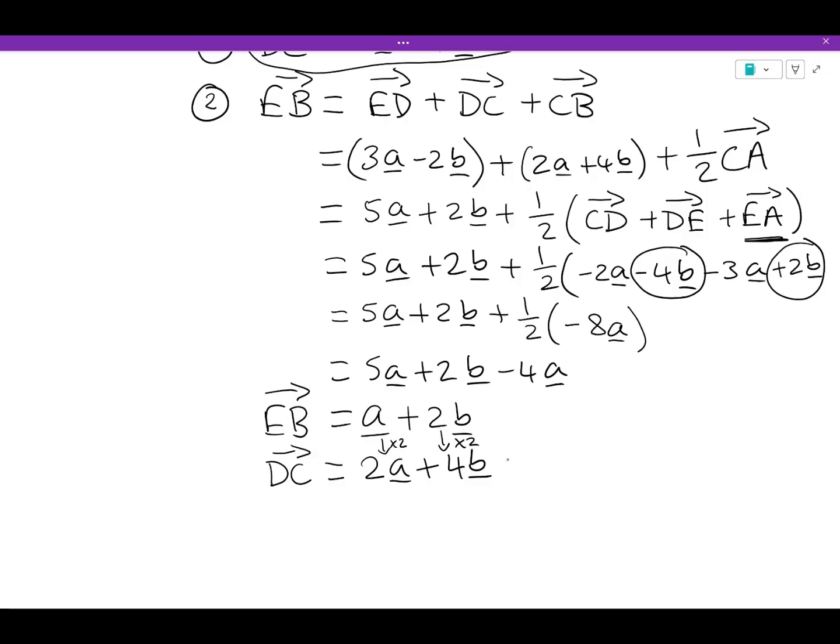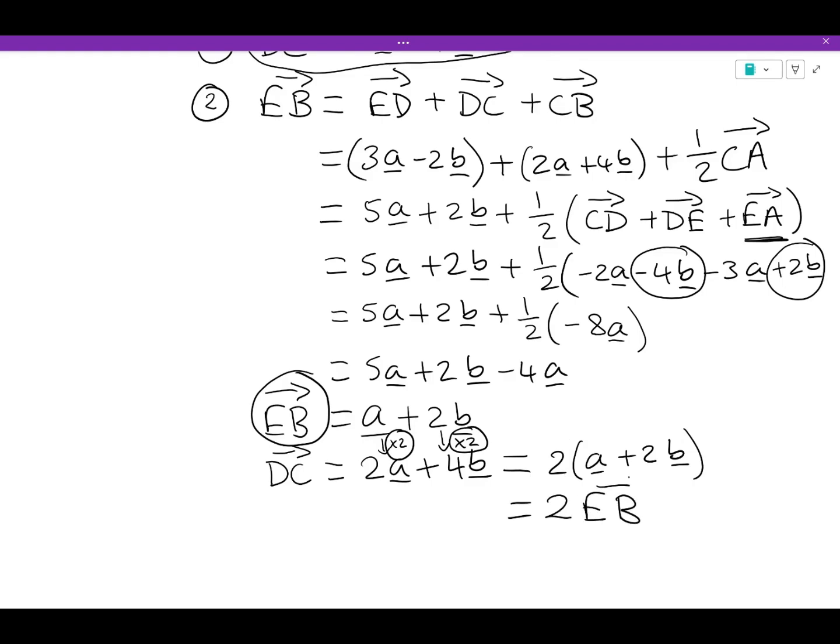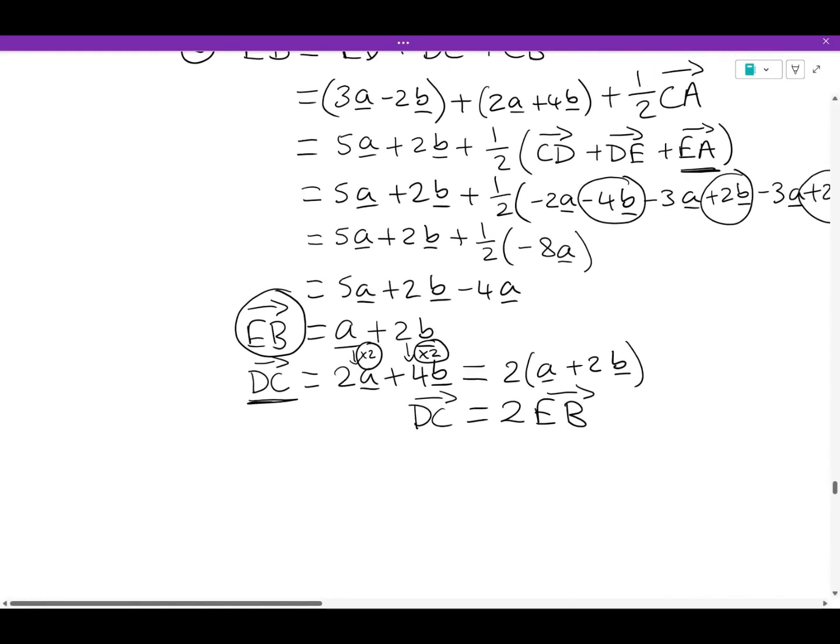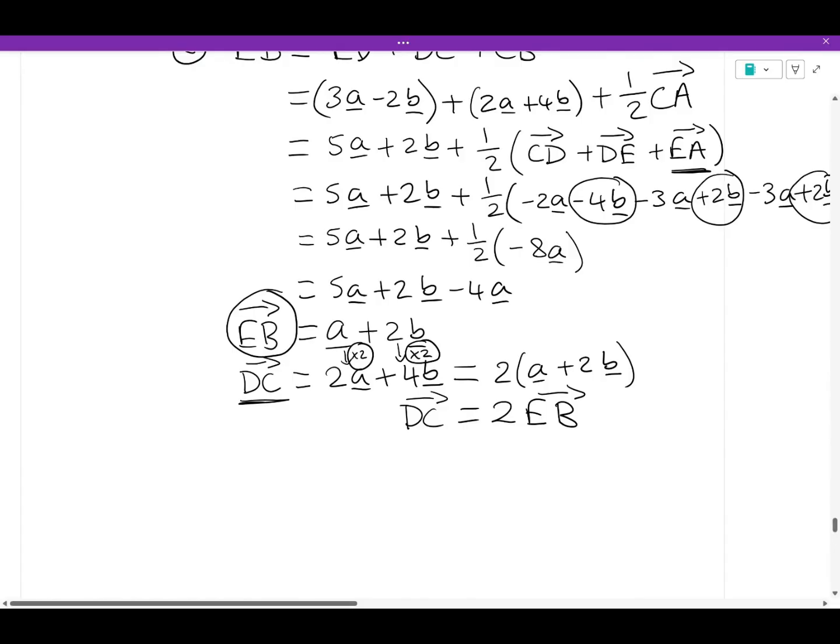So what I'm going to do is I'm going to factorize the D to C. And in my bracket is going to be a plus 2b, because that's the vector I'm trying to show it's a scalar multiple of. So my bracket's going to be a plus 2b. Then we just need to figure out what goes in front. Well, that's going to be the number we're multiplying by here, so the times 2. So I'm going to put 2 in front like that, and then close my bracket. And then this vector here is just equal to E to B, so I'm going to replace it with E to B. So we get 2 lots of E to B. So what I've established is that D to C is equal to 2 lots of E to B. So we've shown conclusively they're scalar multiples, so we can make our conclusion.